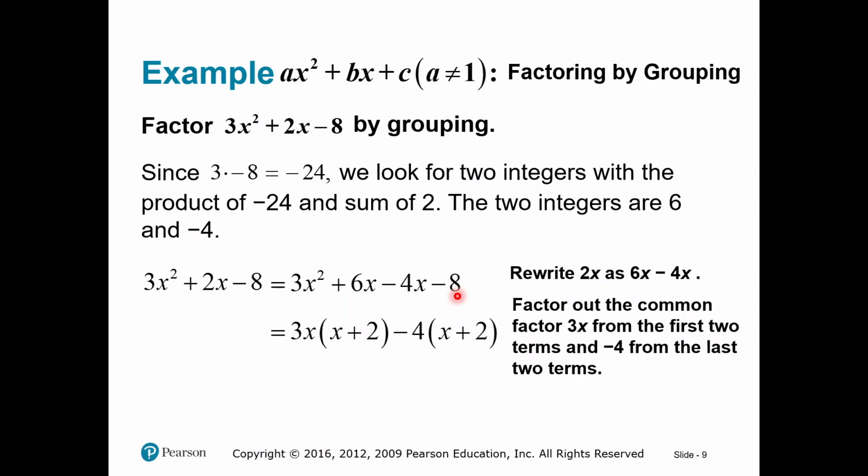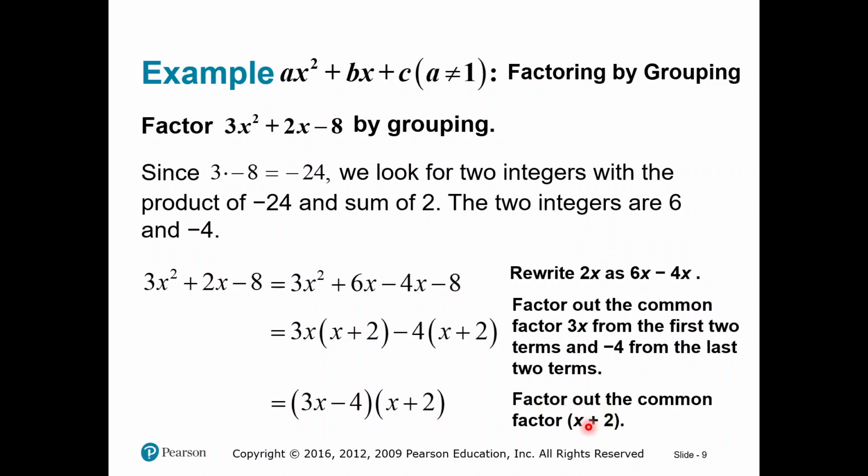We are not done just yet. So we want to factor out the common factor of x plus 2. So if I take x plus 2 away from this group, then I have 3x left over.